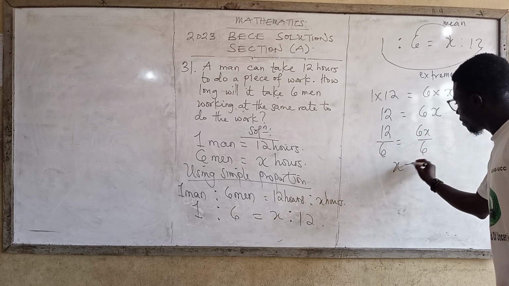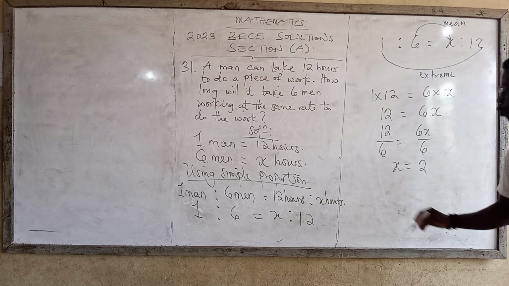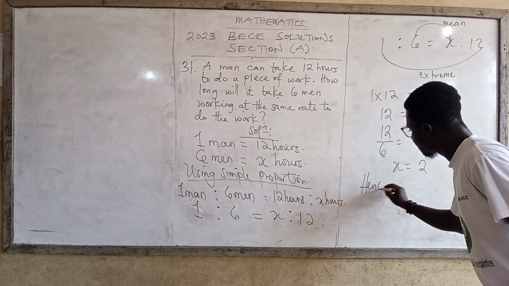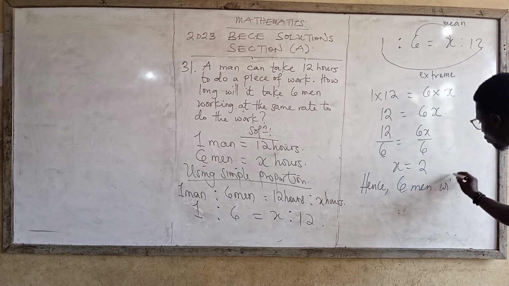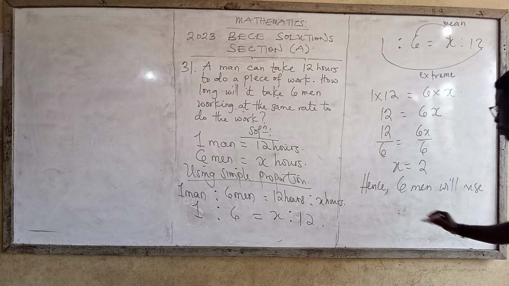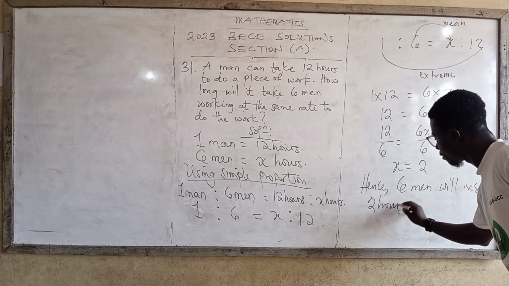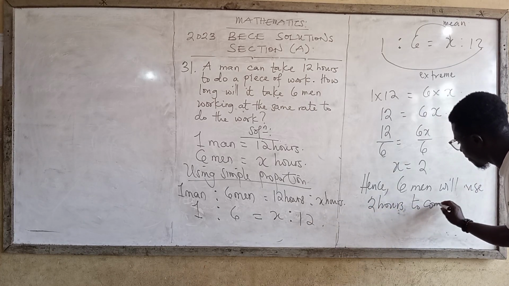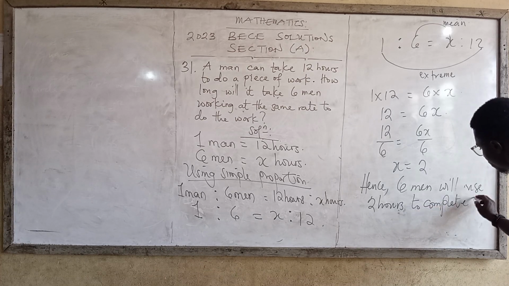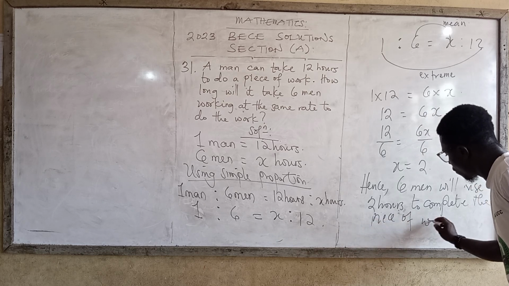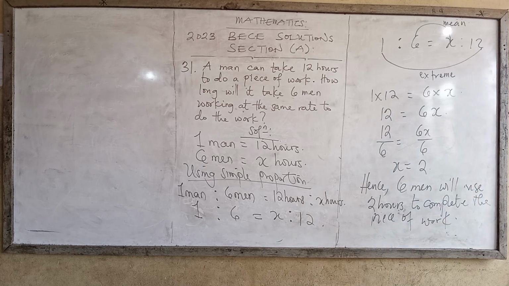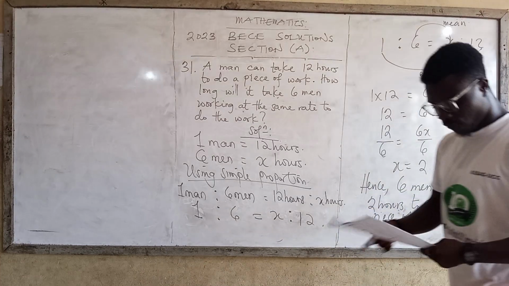Now we get x being equal to 2. So I can say that, hence, 6 men will use 2 hours to complete the piece of work.